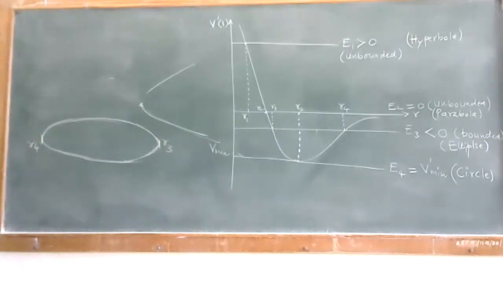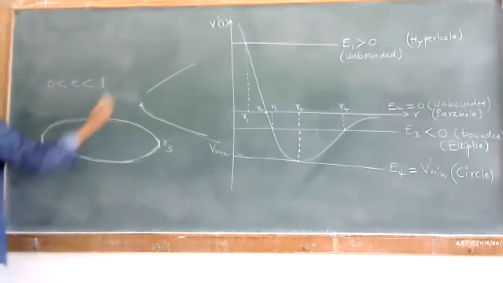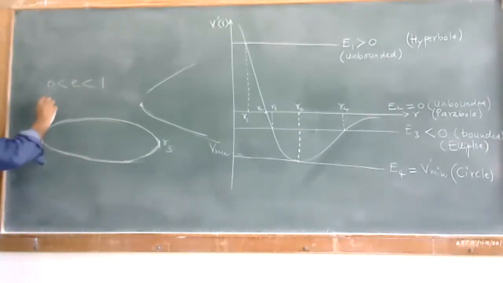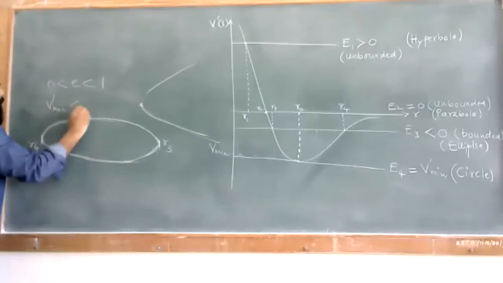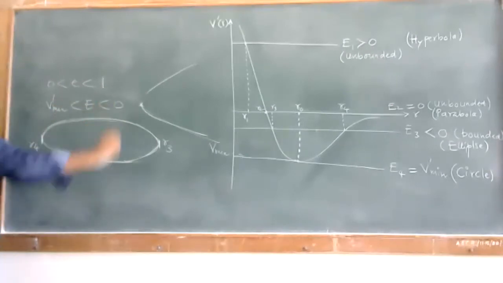So if you can remember the values of the last energy that we saw, for this ellipse case your condition should be like this, that is 0 is less than 1, or we can say that V dash minimum is less than energy is less than 0.